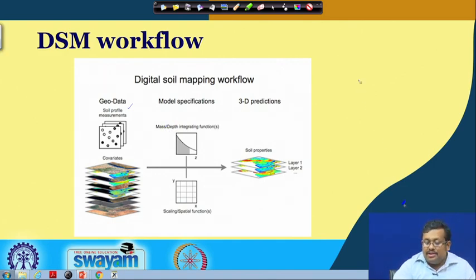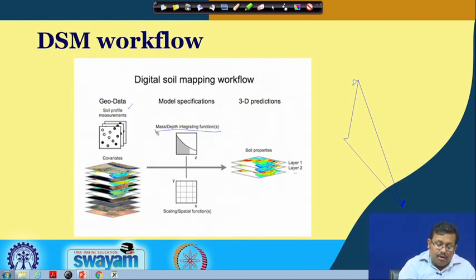We know that soil is divided into O, A, B, C, and these are the master horizons, and this legacy soil data needs to be harmonized across these horizons using some mass or depth integrating function. We will discuss that later.